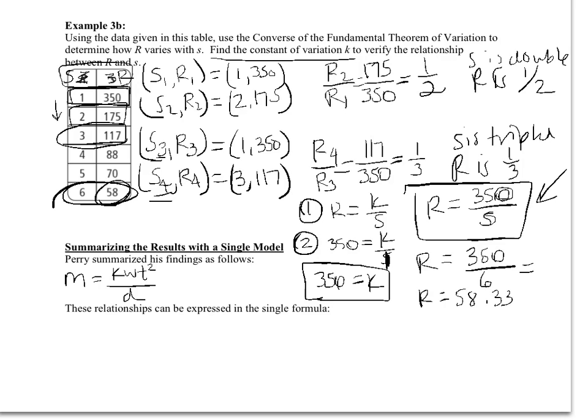That is our single formula, and we're going to learn more about that in lesson 2.9. We're going to combine things and write one single formula, called combined and joint variation. The greater the width and thickness of the board and the shorter the distance between the supports, the more weight the board can hold.